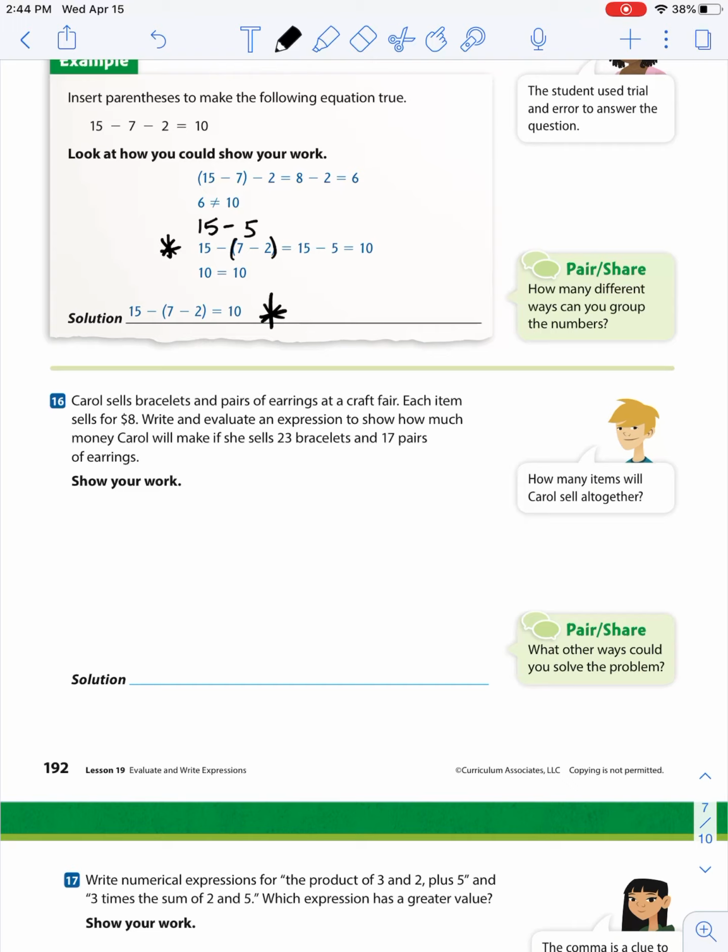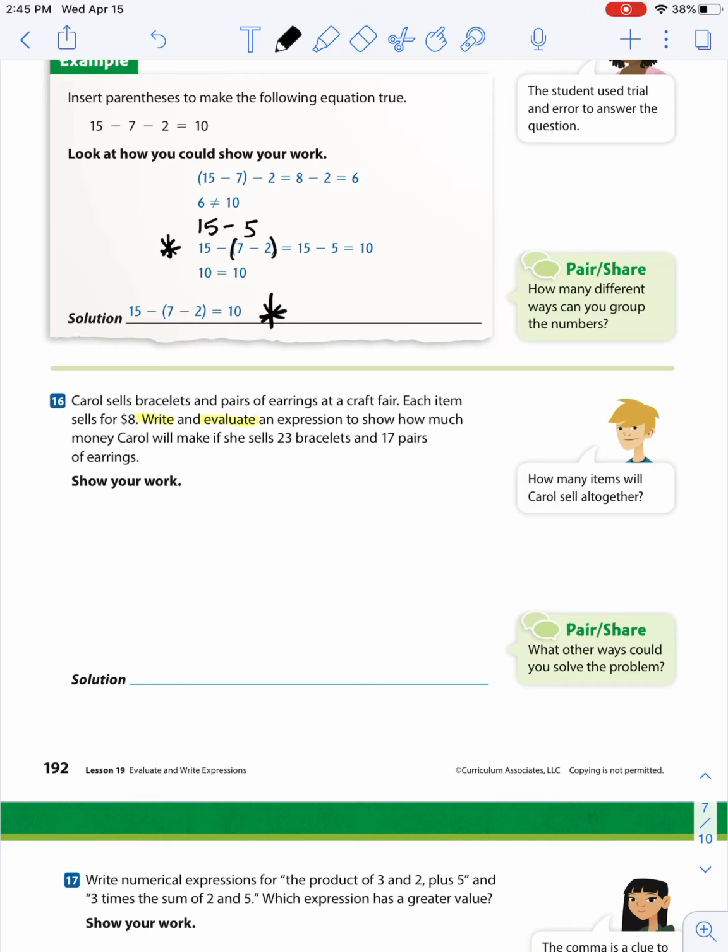Each item sells for $8. So the bracelets and the earrings, everything's $8. Write and evaluate. 2 steps. Write and evaluate. So write the equation and solve it. Write and evaluate an expression to show how much money Carol will make if she sells 23 bracelets and 17 pairs of earrings. This problem is very much like the popcorn and drink problem at the movie theater way back on day 1.